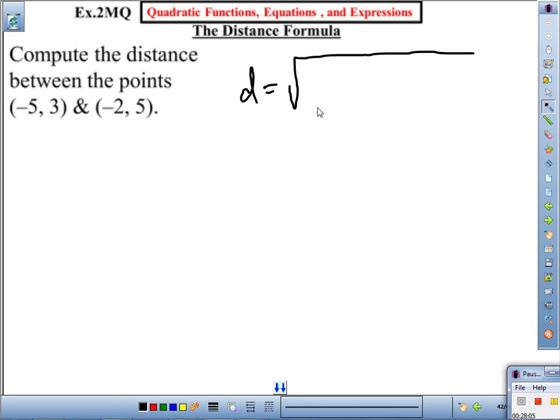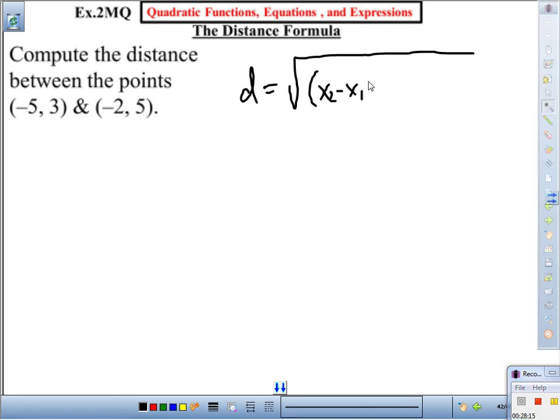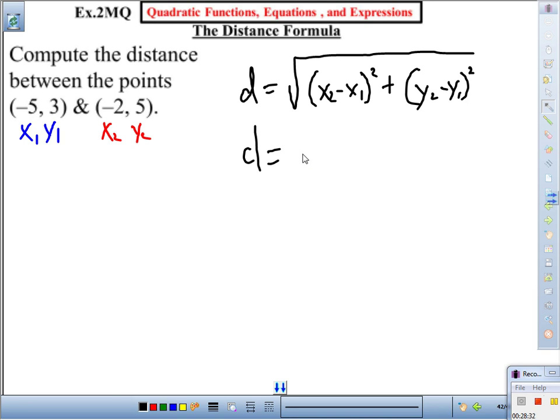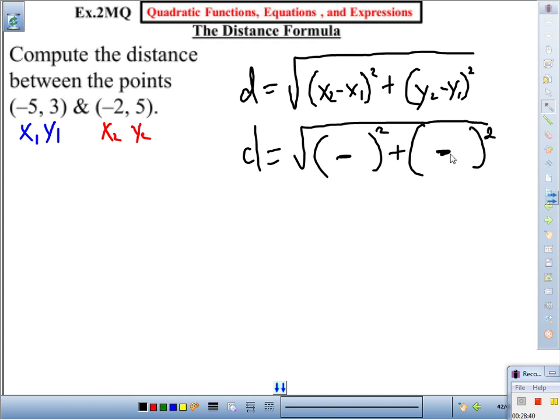You write D equals square root, parentheses, x sub 2 minus x sub 1 squared plus y sub 2 minus y sub 1 squared. We label our points. This is our x sub 1, y sub 1. This is our x sub 2, y sub 2. D equals square root, parentheses squared with a negative inside, parentheses squared with a negative inside.